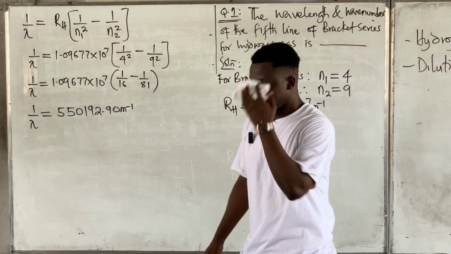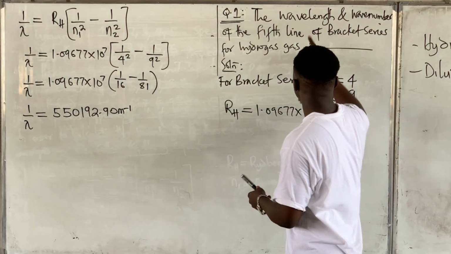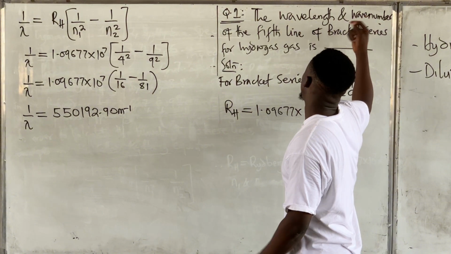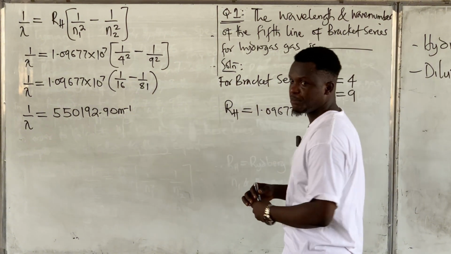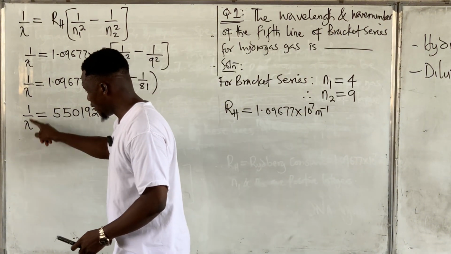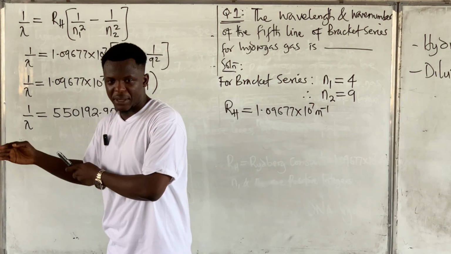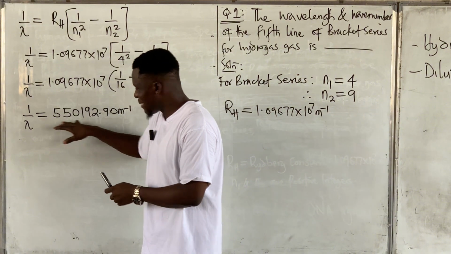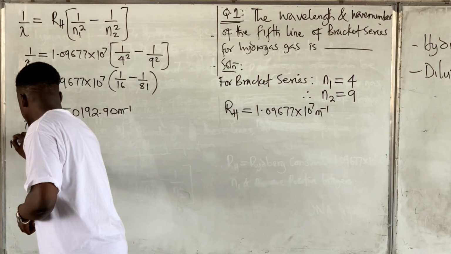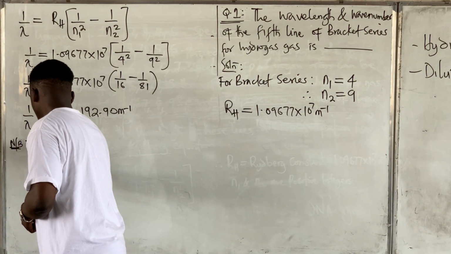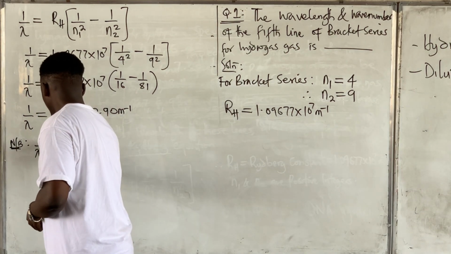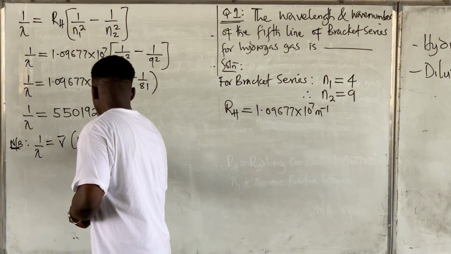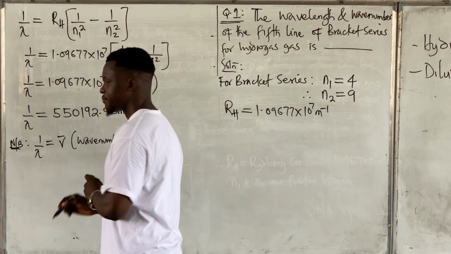All right. Remember, they asked me for wavelength and wave number. I would have interchanged them. Please look up. This 1 all over lambda is the wave number. So for wave number, this is my final answer. Note, this is not necessary, but I'm just saying 1 all over lambda is always V prime, which is the wave number.